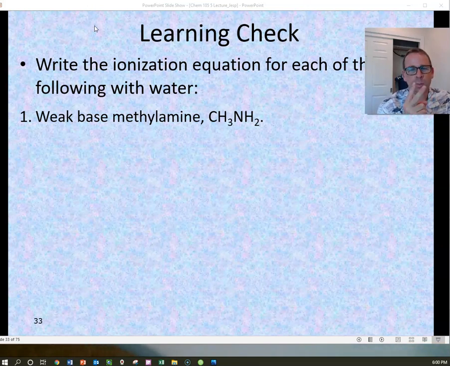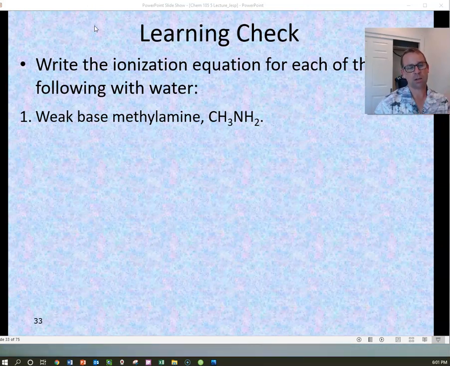We're looking at acids, and if it's an acid, we know how to write its dissociation as well. One product is the H plus, and the other is whatever's left with a minus charge. And if it's a strong base, that's just an ionic compound, so it's the same. But the other one is a weak base.